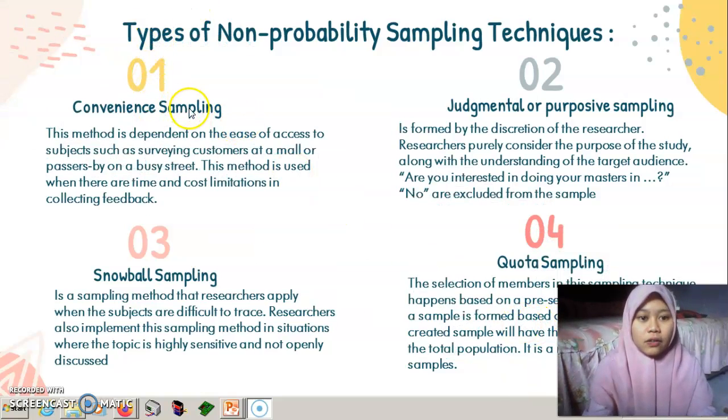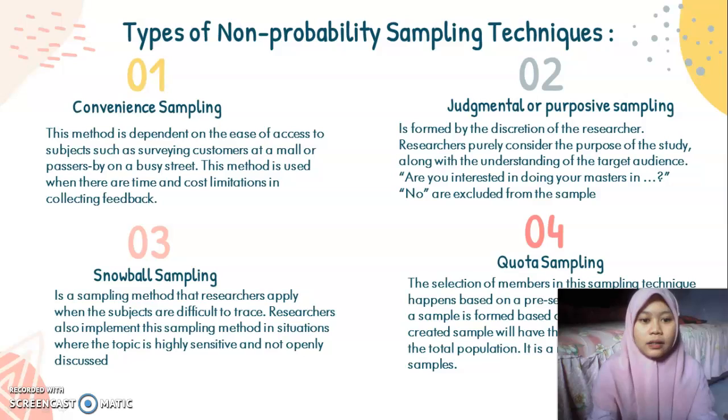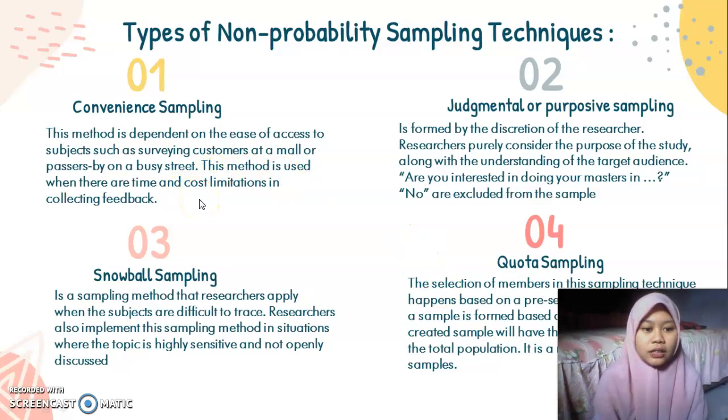First is convenience sampling. This method is dependent on the ease of access to subjects, such as surveying customers at a mall or people passing by on a busy street. This method is used when there are time and cost limitations in collecting feedback.